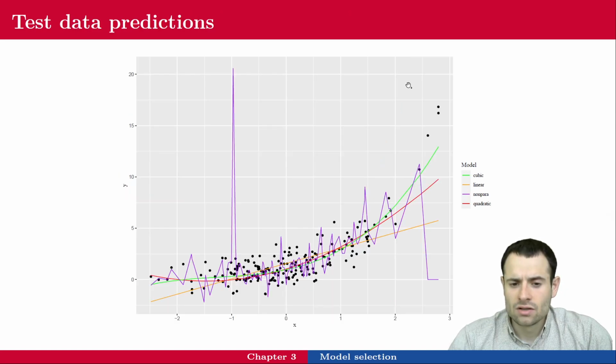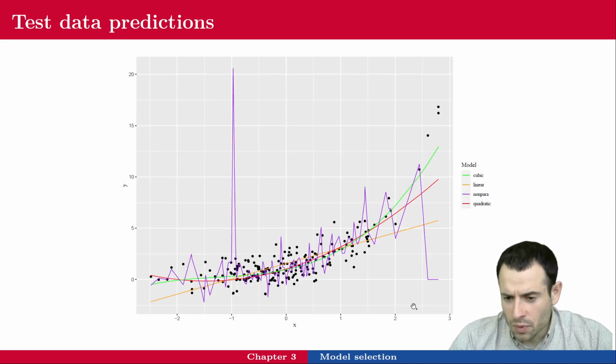This is because we have those erratic movements that produce pretty poor predictions. Look at the right. We are between 2.5 and 3. We have 3 points which are around 15. The corresponding predictions with my non-parametric method are between 2 and 5.